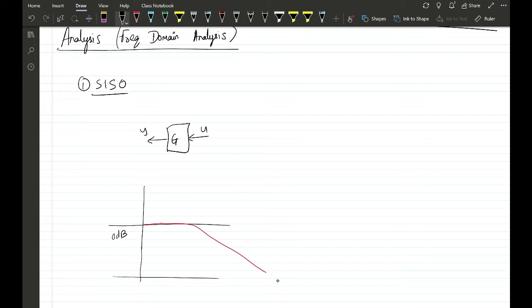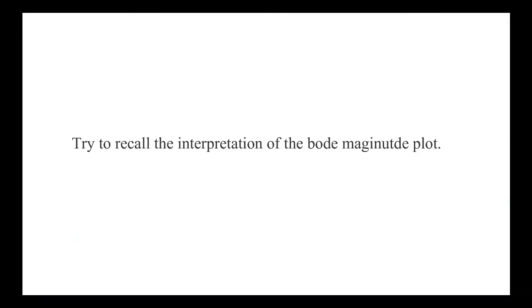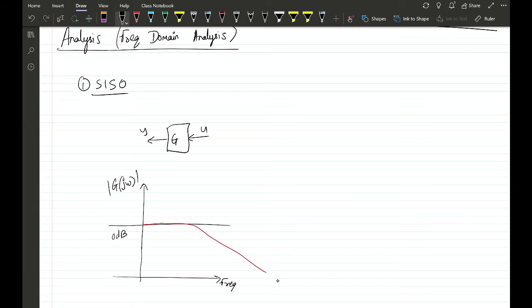This is the frequency axis, and on this axis we plot the absolute value of G of j omega. What this would mean is that if I have an input at some low frequency omega, a sinusoidal input, my output will also be a sinusoidal wave, perhaps with some shift and with an amplitude shown by the Bode magnitude plot.